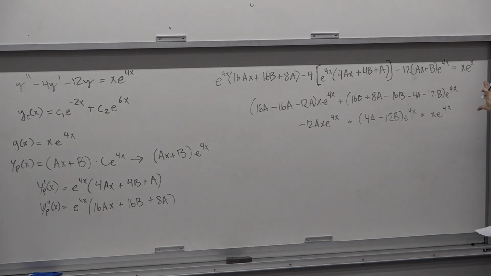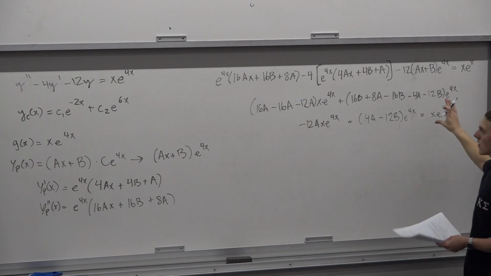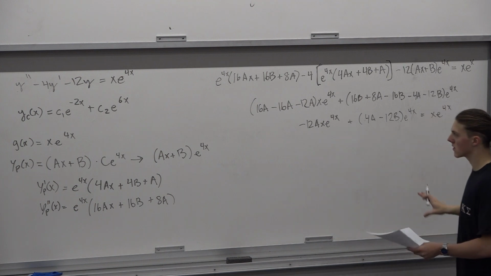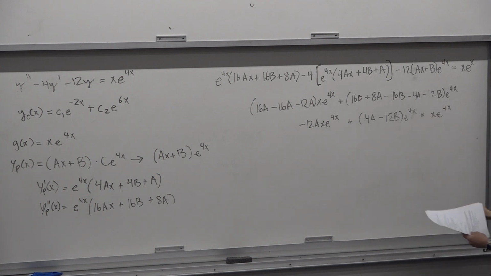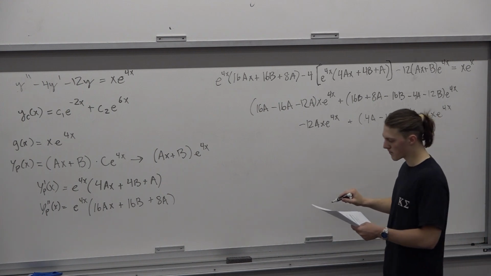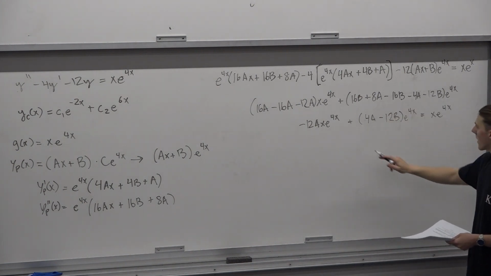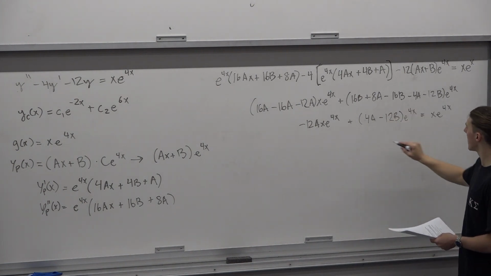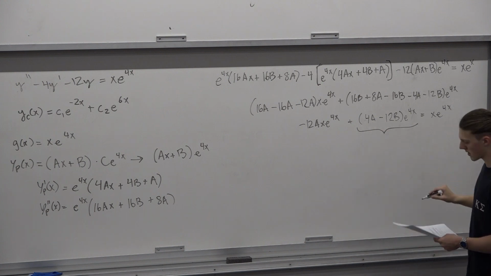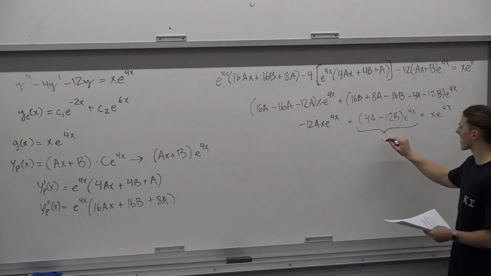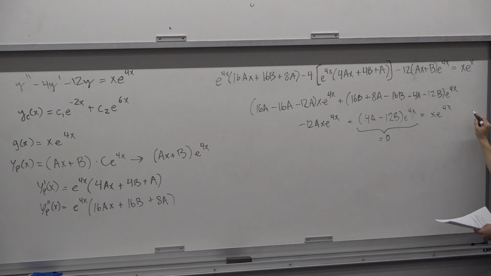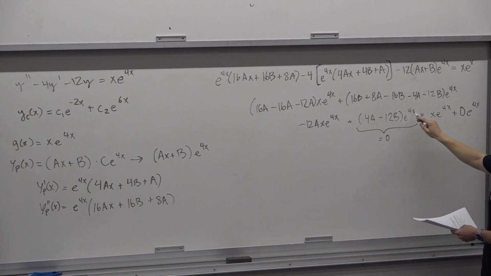So this is all just simplification. It's really annoying, and it's really important to have no simple mistakes, because in the end we'll have something of this form, where it's simplified. Here we need to find these coefficients, but it's easy to see that this term right here needs to equal 0, because there's no term on this side that has the factor e to the 4x.